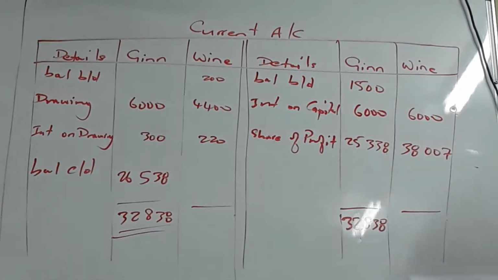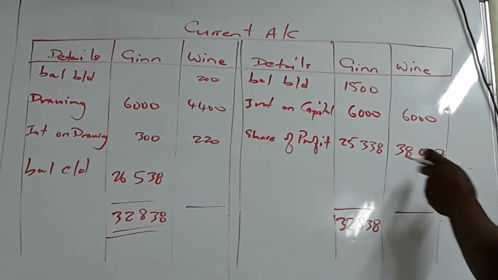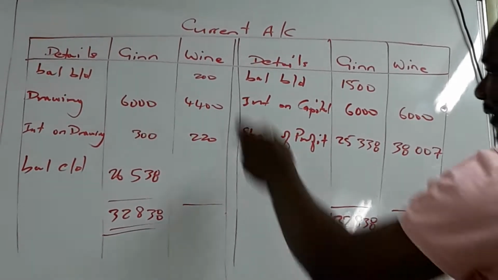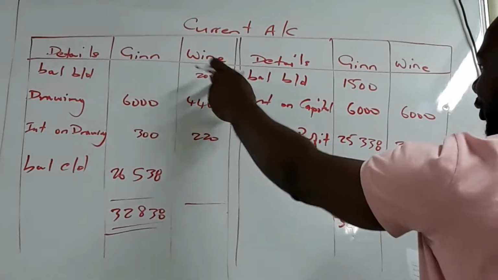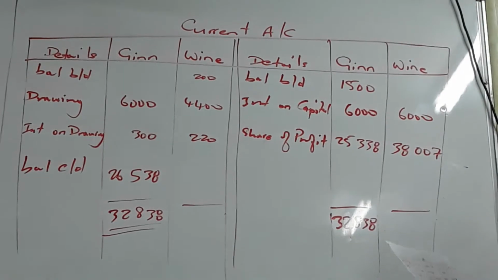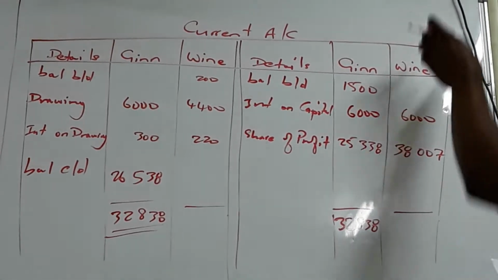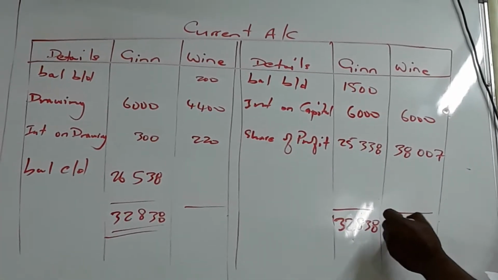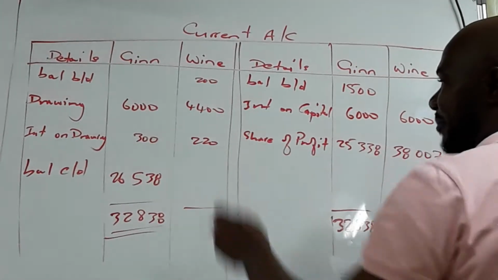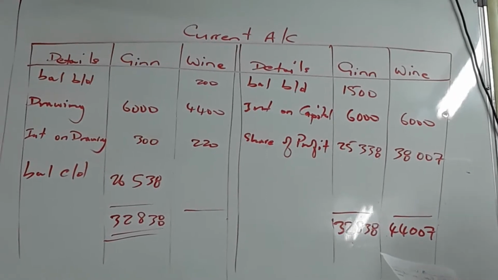Now let us turn our attention to Wine. On Wine, the credit side, 6,000 plus 38,007, gives you a total of 44,007, whereas the debit side gives you a total of 4,820. So the credit side of Wine's account, which adds up to 44,007, is greater than the debit side, which only adds up to 4,820.